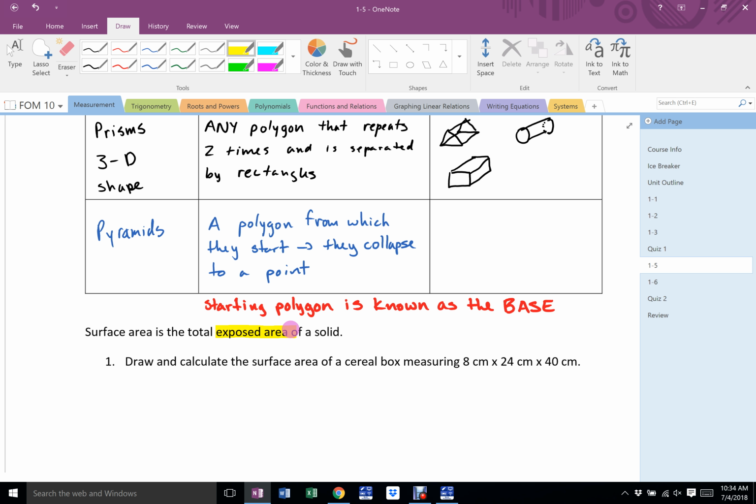Everybody with me? Okay. The surface area of this is this circle, the sides, and the bottom, correct? Does everybody agree? Because that is the exposed area of this solid. Now what's the surface area?